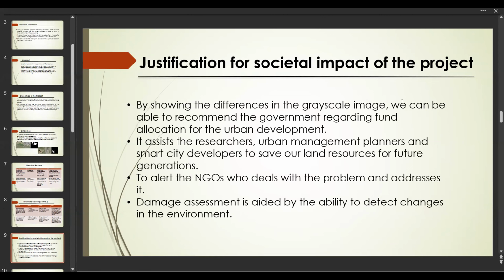As we see in our output, in the Switzerland area, the agricultural land has decreased. By showing this type of changes, we can recommend that fund allocations are needed for urban development. We can also alert NGOs about the problem, and assess the damage, aided by the ability to detect changes in the environment.